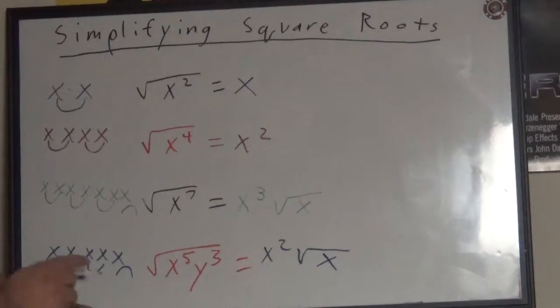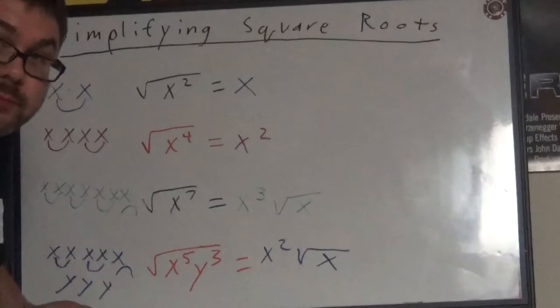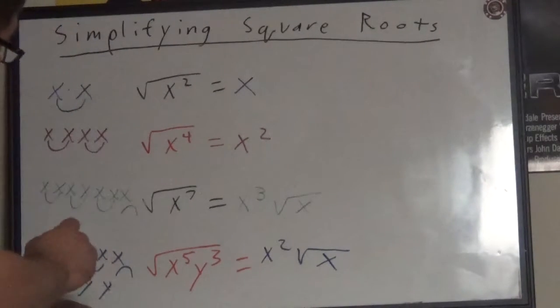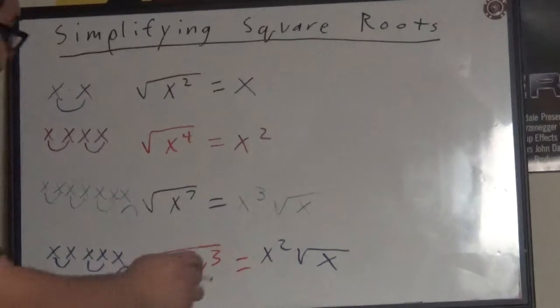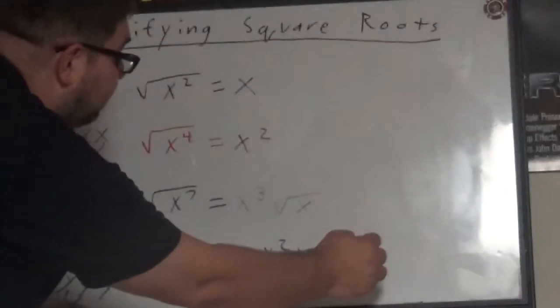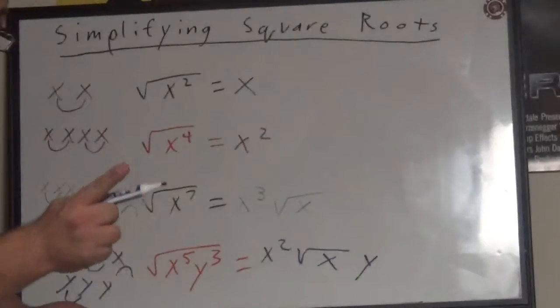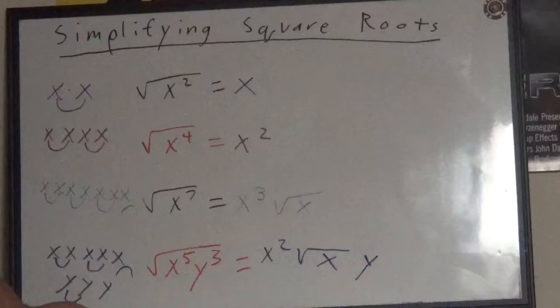Now we look at the y's. We had y to the third. How many times can we group them together? We can group 2 of them together. We have one group. So one y comes out with the square root, y to the first power.